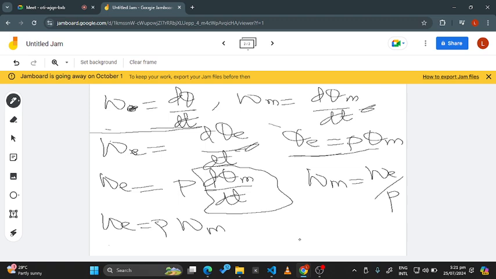I know the relation between the mechanical angle and the electrical angle: the electrical angle is the pole pair times the mechanical angle. So I substitute, and I get omega E equal to the change with respect to time of P times omega M.